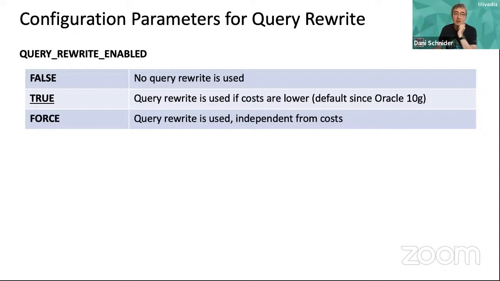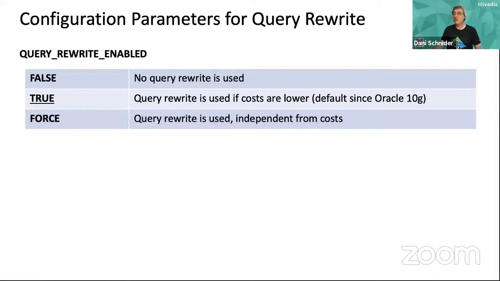There are two parameters that are important if you use query rewrite, that they are set properly. The first one already has the default value that we need here. The parameter is called query_rewrite_enabled, and it has to be set to true, which is normally the case.